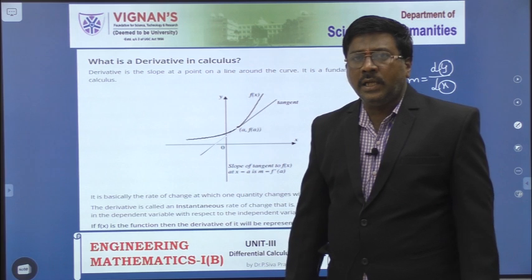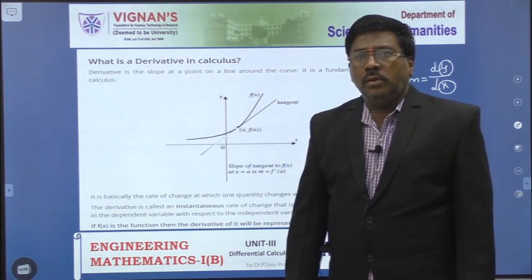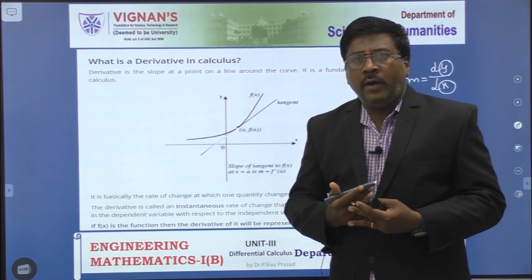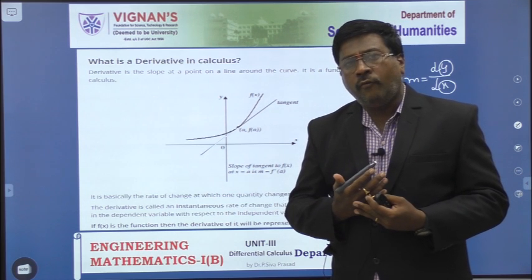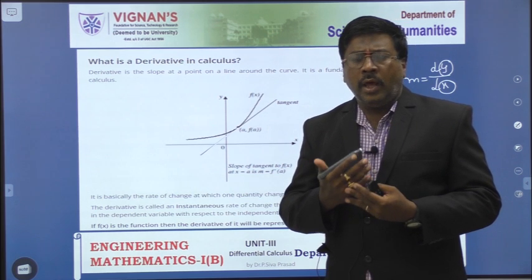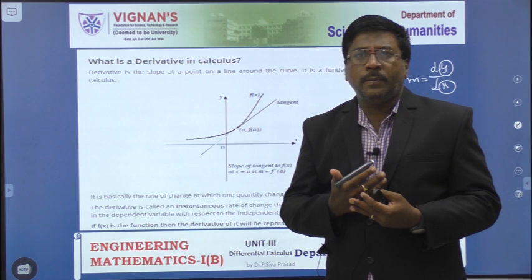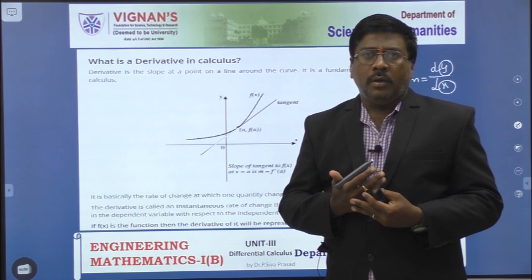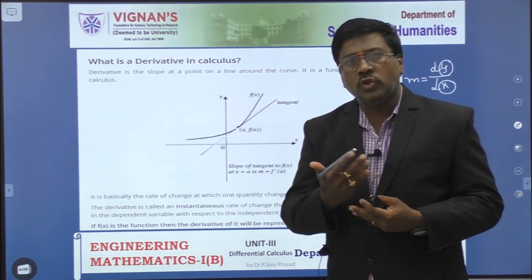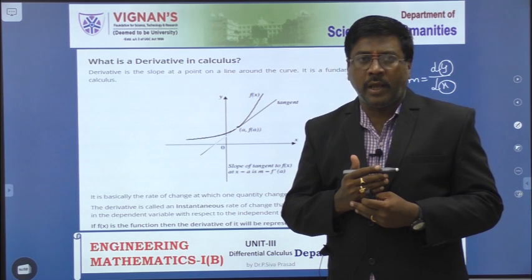Where does this dy by dx get used? For example, if you ride a bike at a speed of 40, then along with the time, the distance traveled changes. Whenever the time changes, automatically the distance traveled by you also changes. So there are two quantities you have to observe here.